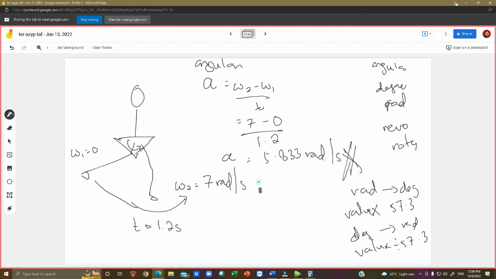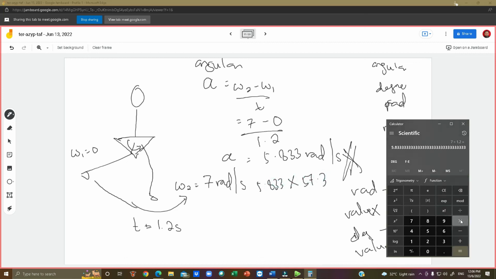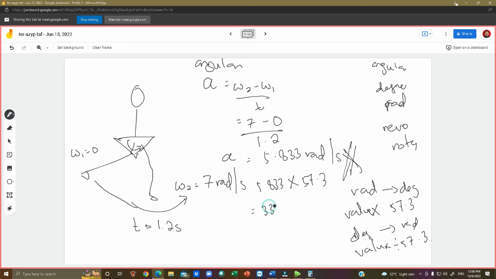So 5.833 times with 57.3. 334.2309. 23 je lah. Degree per second square. So that is the acceleration value of the leg. Ni cara untuk kita gunalah, and this is actually what you need to have in your presentation. Okay, in term of kinematics.